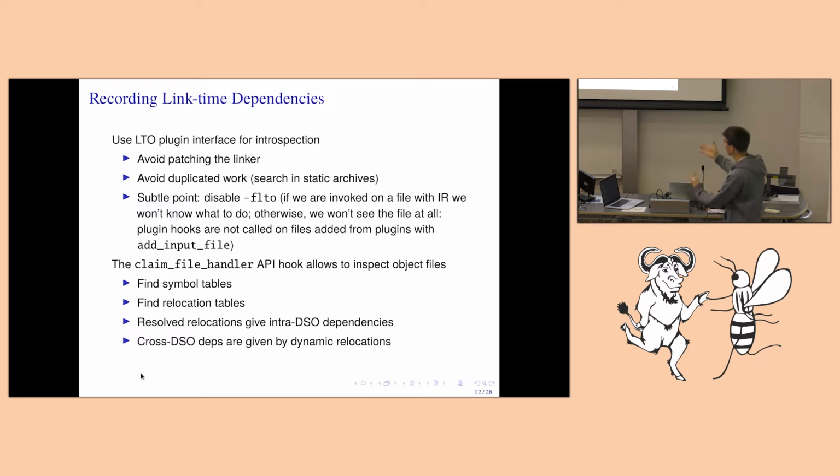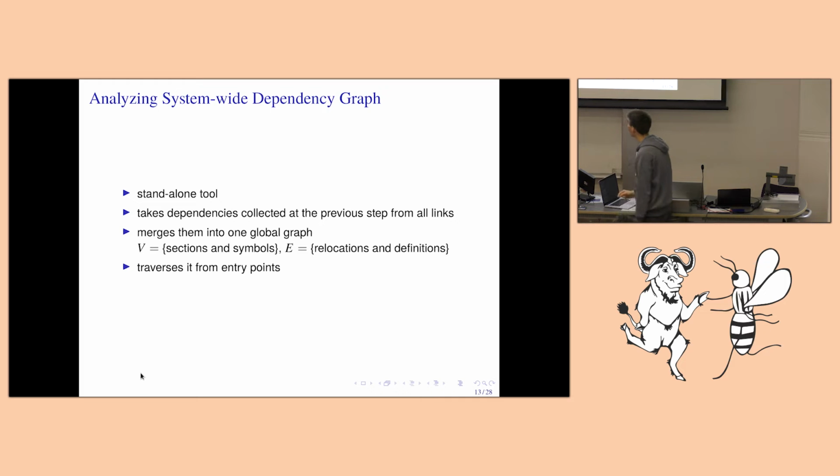So our plugin registers a hook for the handler, and what it does, it simply walks the ELF data structures to figure out what symbols it has, what relocations it has, and just records this information. There are intra-DSO dependencies and inter-DSO dependencies, which are given respectively by relocations resolved inside the module and unresolved relocations. So that's it for the first step.